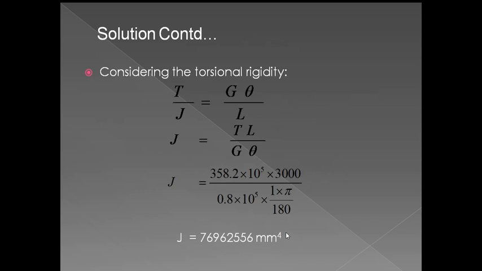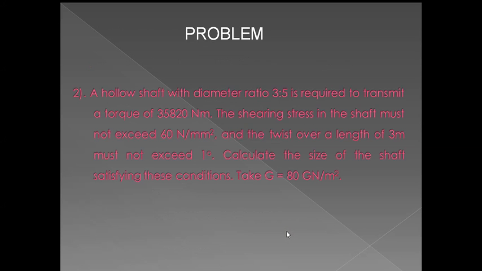Here there is a chance of both torsion strength and rigidity. We can find the size of the shaft based on both strength as well as rigidity. How? In the problem they have given the torque value, the shear stress value, and the angle of twist.